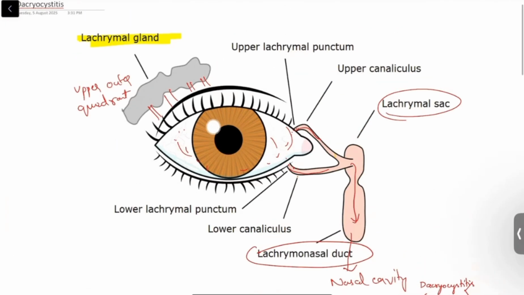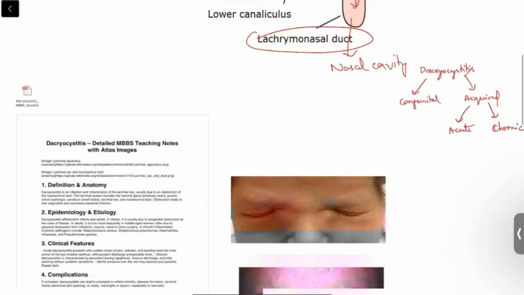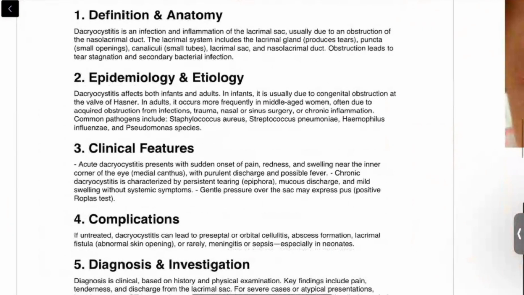So the lacrimal gland, numerous ducts, puncta, canaliculi, lacrimal sac and nasolacrimal duct, all these constitute the lacrimal apparatus. Okay, so starting with dacryocystitis, definition and anatomy. Dacryocystitis is an infection and inflammation of the lacrimal sac, which is usually due to an obstruction in the nasolacrimal duct.